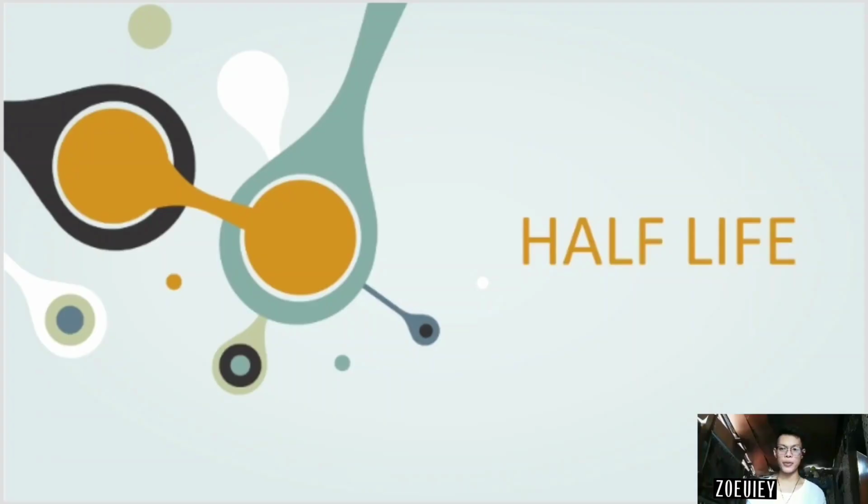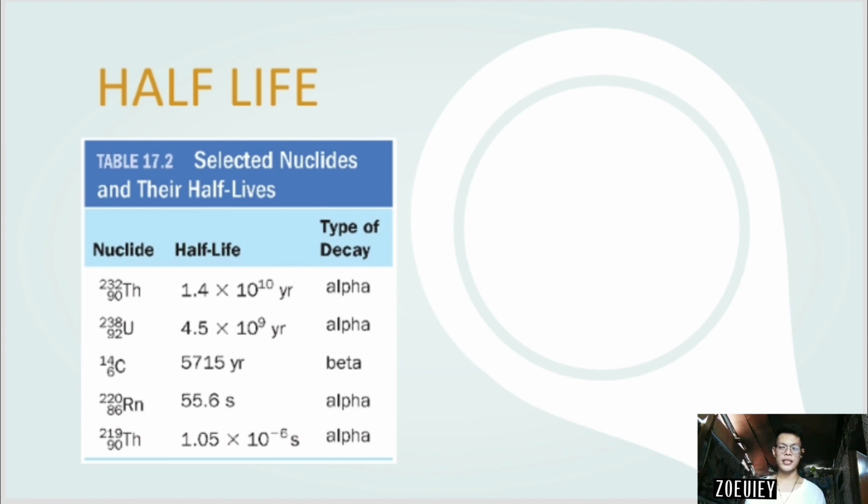Continuation of this topic, which is the half-life. These are the given problems of half-life of radium nuclides. The first example is Th, or thorium, which has a 232 mass number and 90 atomic number. To get this particular mass number, we have to add the atomic number to the neutrons.